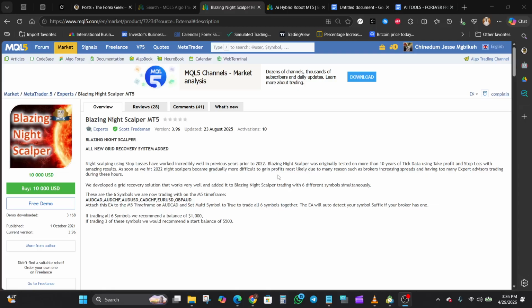So instead of abandoning the strategy, they introduced the grid recovery system. That's a key detail. This EA is designed to trade 6 pairs simultaneously: the AUD CAD, AUD CHF, AUD USD, CAD CHF, Euro USD, and GBP USD, GBP AUD. Right? You can see the 6 pairs listed here, and all of them on the M5 time frame.